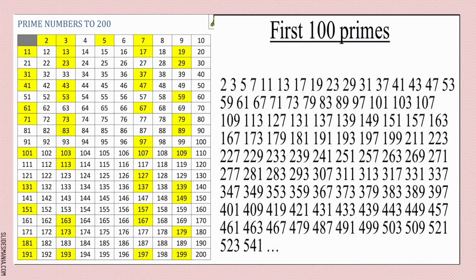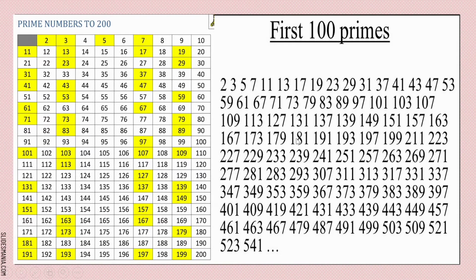Okay, these are some of the list of the prime numbers. Shaded in yellow, these are the prime numbers, the 2, 3, and so on and so forth. All the prime numbers are shaded in yellow.